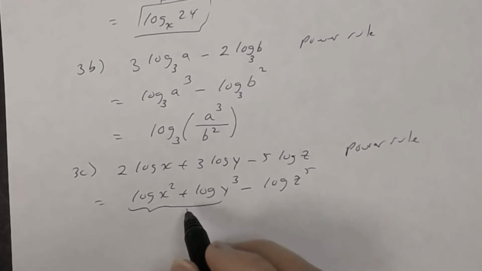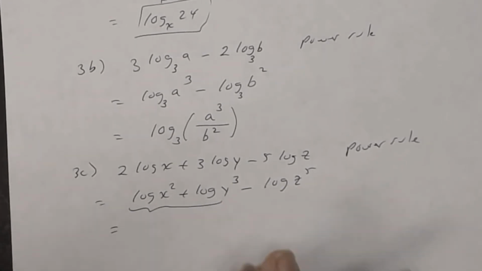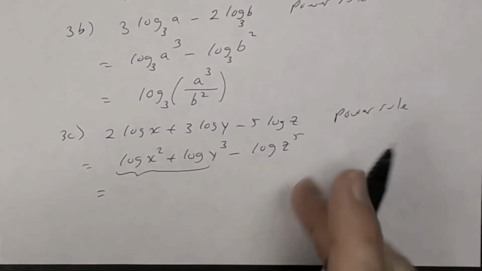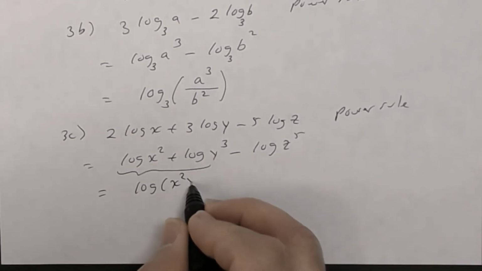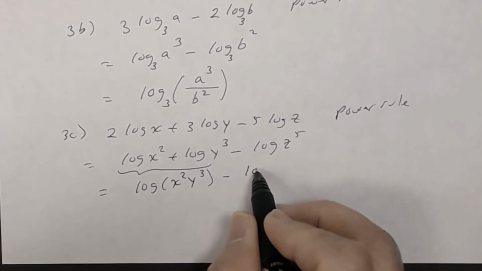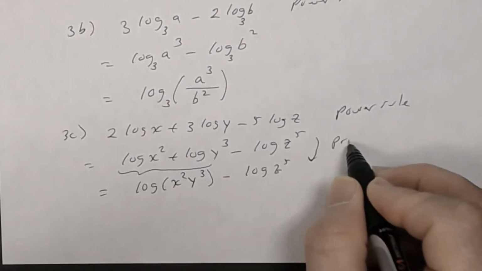This is the product rule. According to the product rule, this becomes the log of x squared y cubed, minus the log of z to the fifth. So I use the product rule.